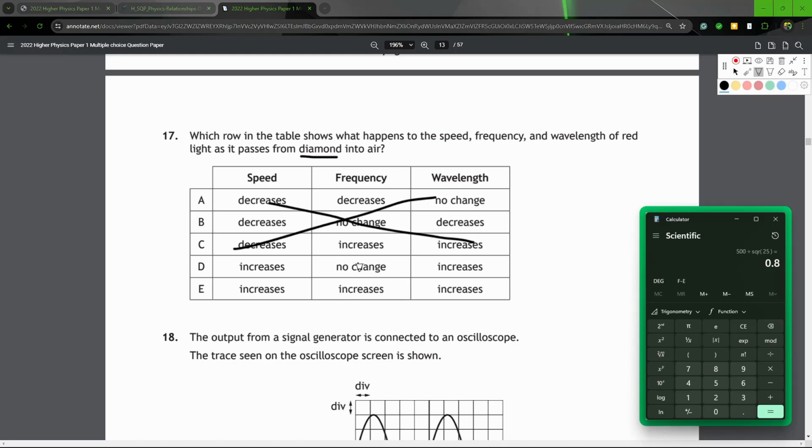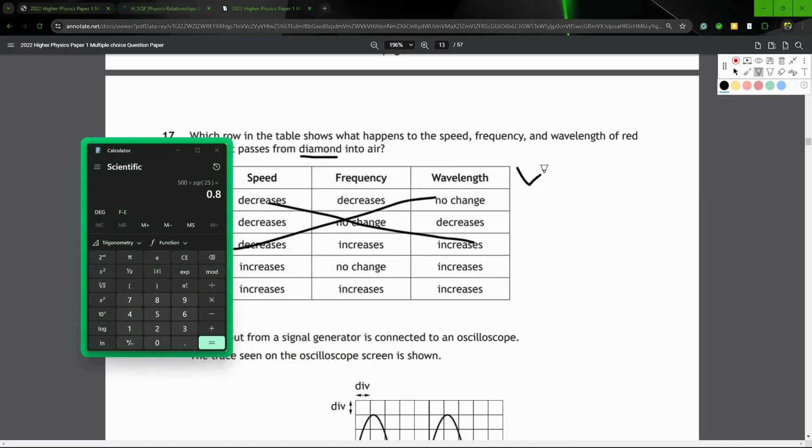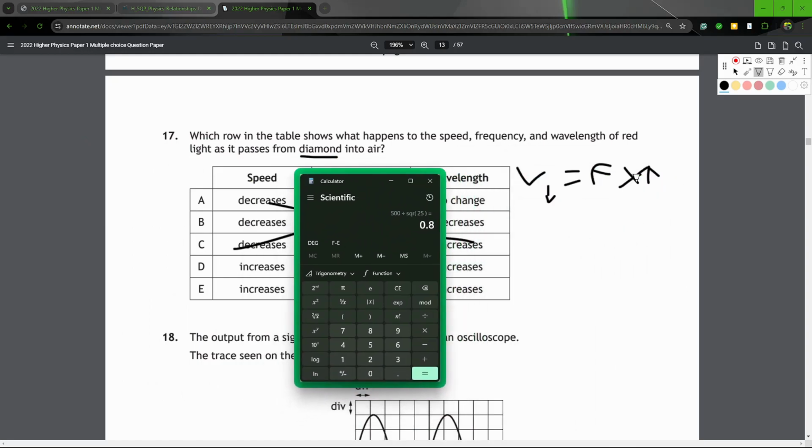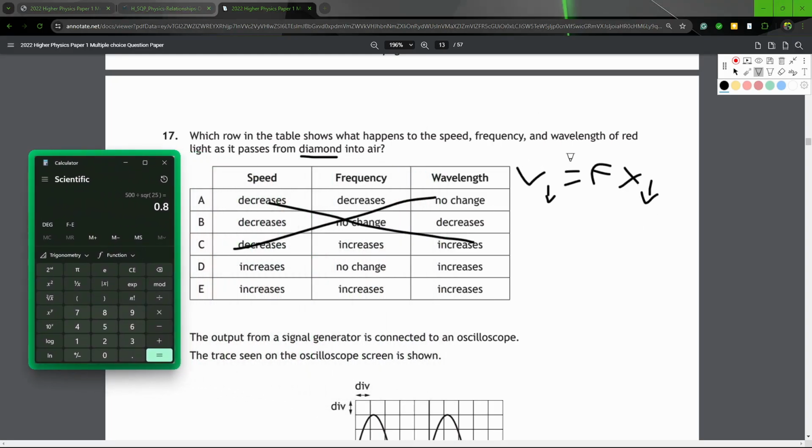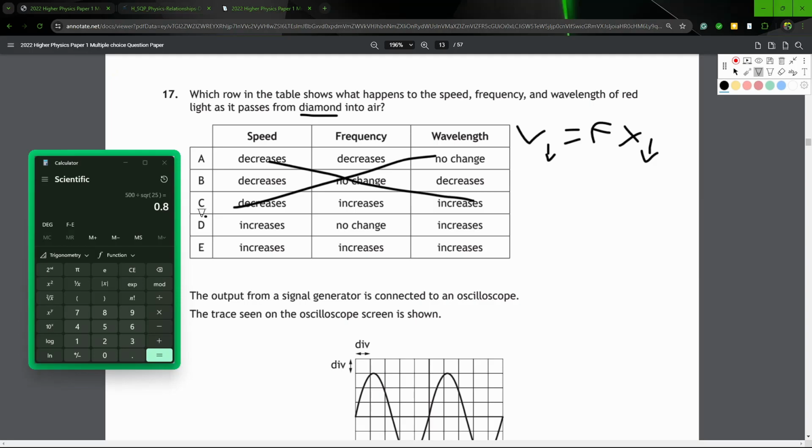Frequency always remains the same, but wavelength can increase and decrease because when you've got V equals F lambda, F remains constant, which means if you decrease V, because you're going to an optically denser medium, wavelength will have to decrease as well, because F is constant, remember? So I've messed it up there. When F is constant, V and wavelength are proportional to each other, which means it has to be D.